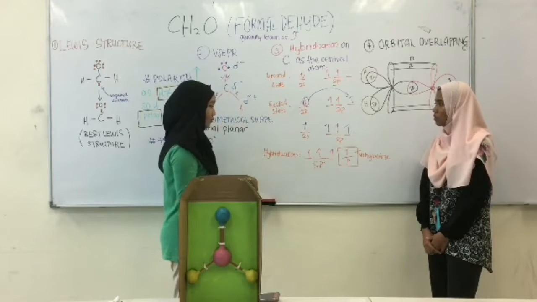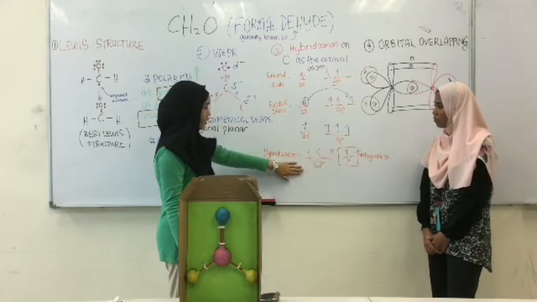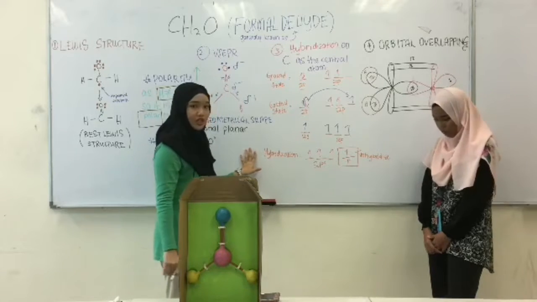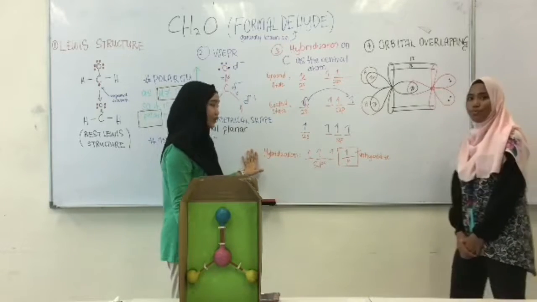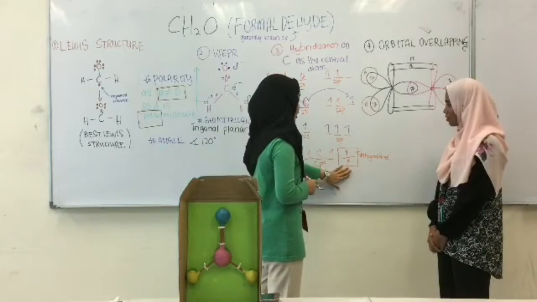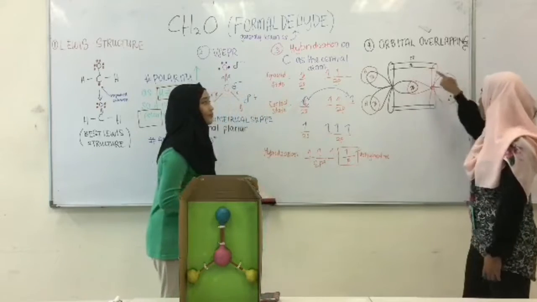So from this we can conclude that the hybridization for CH2O is sp2 and it has one unhybridized electron from the p group, and this will form a pi bond with O.